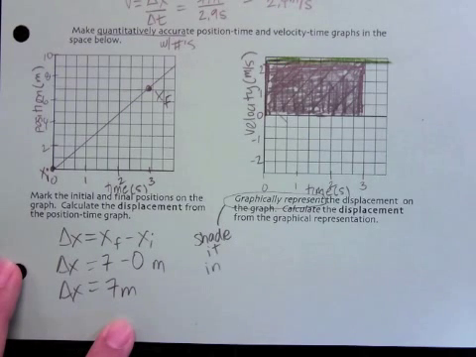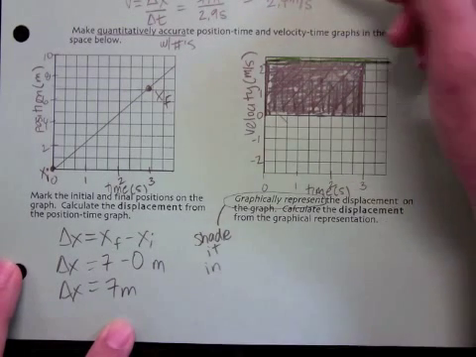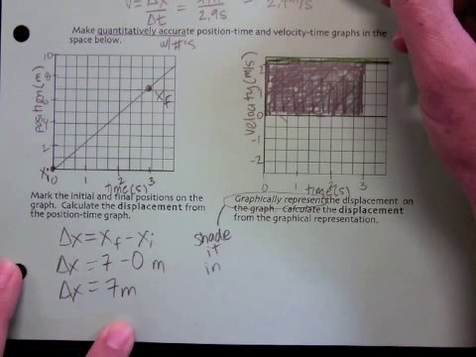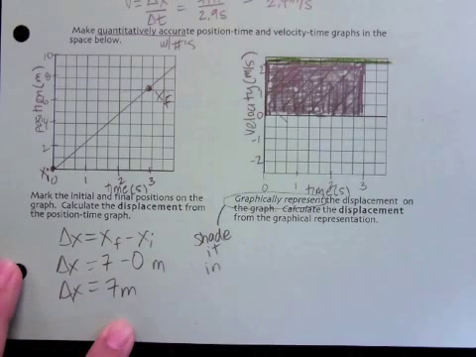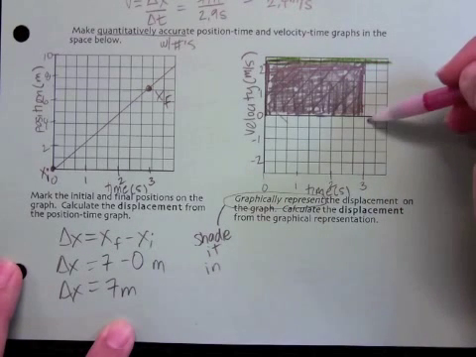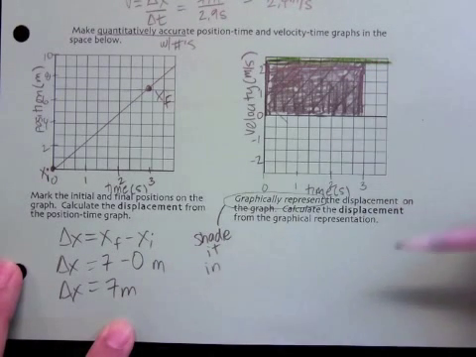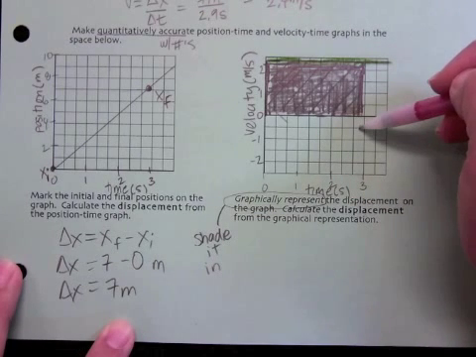Hold on. But it only went to 2.9 seconds on my graph for my calculations. Yeah. So if you timed all the way to 3 seconds, then you're going to shade into 3. If you timed to 2.8 seconds, you're going to shade into 2.8.